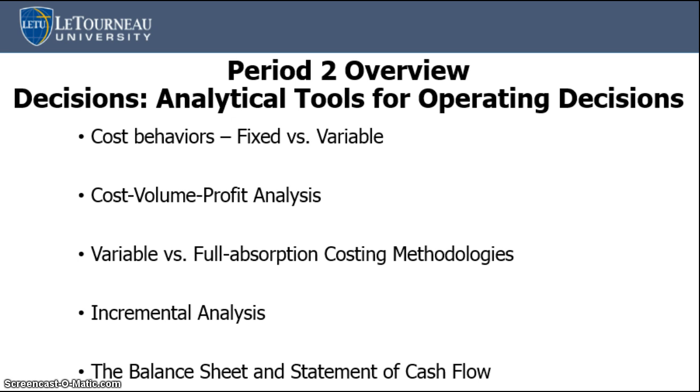While the profit and loss statement provides a perspective on the profitability of an operation over a period of time, the balance sheet provides a perspective on the assets and liabilities required to support that level of profitability. Further, the statement of cash flow links together the profit and loss statement and the balance sheet. It provides a critical perspective on the sources and uses of cash during the period.